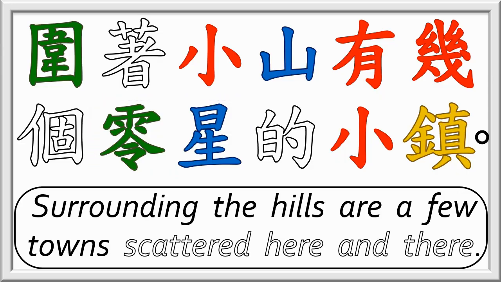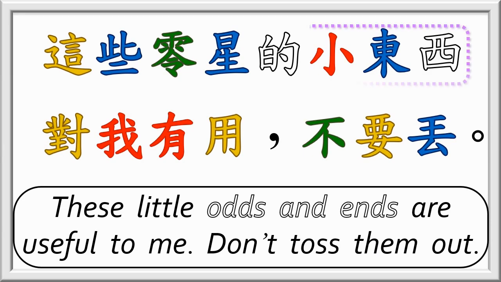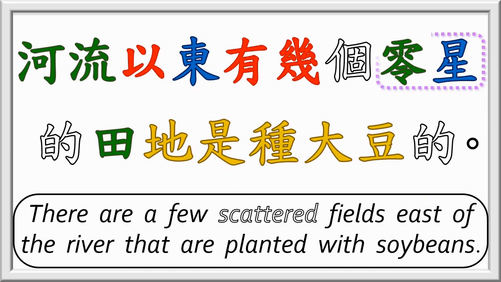Surrounding the hills are a few towns scattered here and there. 这些零星的小东西对我有用，不要丢。These little odds and ends are useful to me. Don't toss them out. 河流以东有几个零星的田地是种大豆的。There are a few scattered fields east of the river that are planted with soybeans.